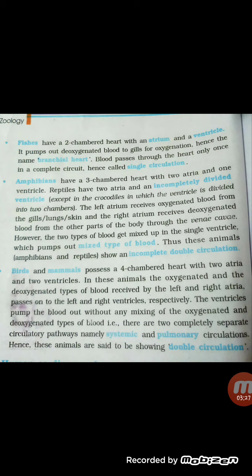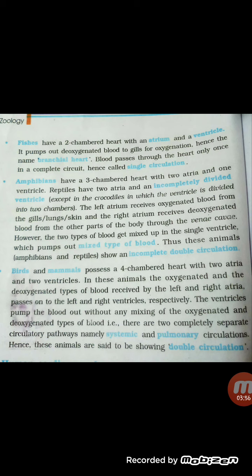So already we know fishes have two chambered heart with an atrium and a ventricle. It pumps deoxygenated blood to gills for oxygenation, hence the name branchial heart. Blood passes through the heart only once in a complete circulation circuit, hence it is called single circulation.